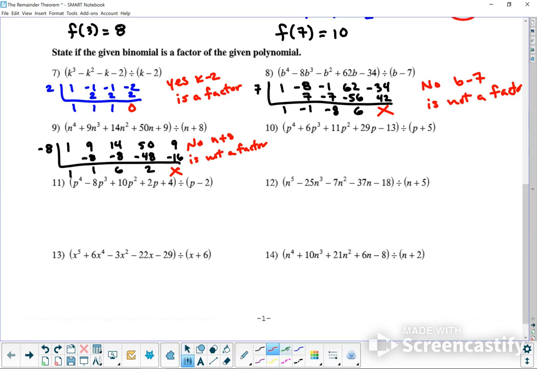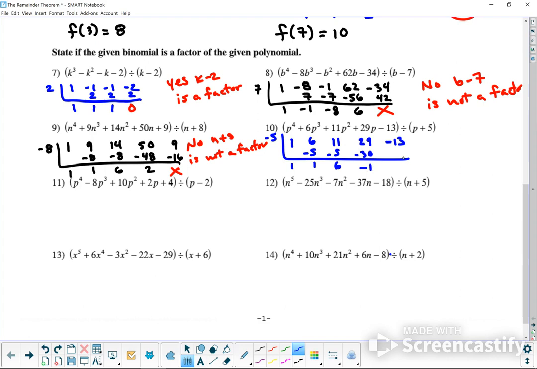Okay, one more time. 1, 6, 11, 29, negative 13. And do this with negative 5. So bring the 1 down, multiply it, negative 5. Add it, 1, multiply it, negative 5. Add it is 6. Multiply it is negative 30. Add it is negative 1.